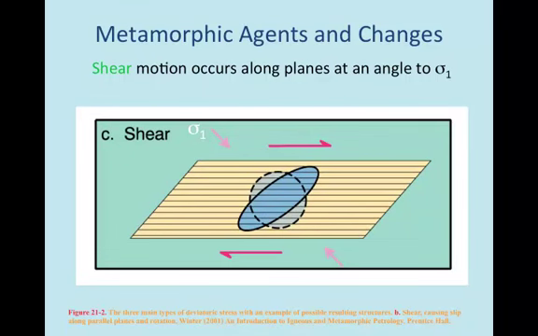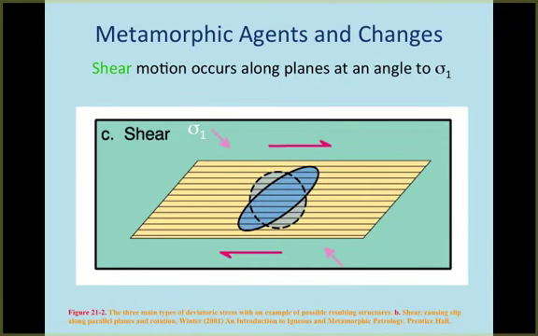So when we're looking at rocks with a foliation and/or a lineation, we're seeing deformation that's resulting from ductile deformation. And if there is differential stress applied to that rock where sigma 1 is at an angle to the vertical orientation, you're going to end up getting shearing.